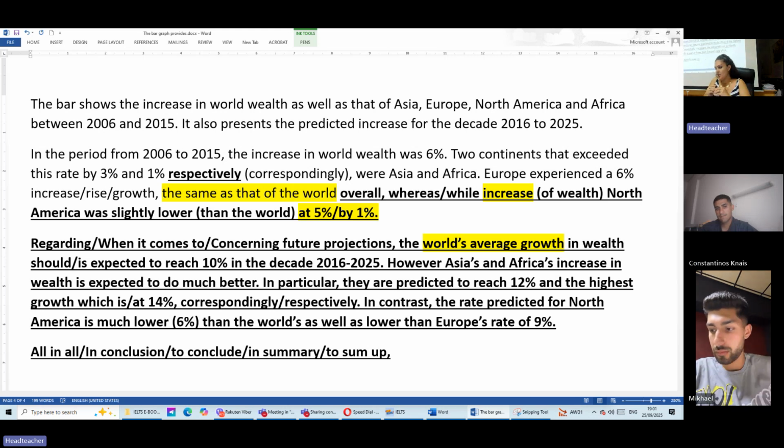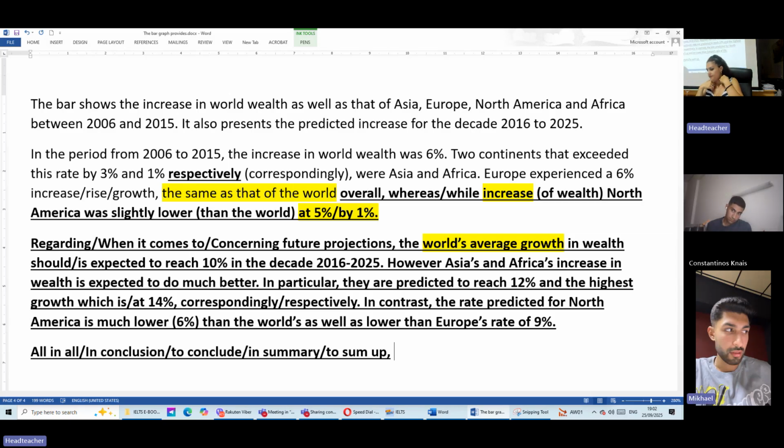What are the main features, guys? First of all, you need to compare two things, the red and the blue overall. This is the main point, Georgia. What is the most striking observation that you can say by looking at the graph overall? There is a very striking observation when you look at the big picture.